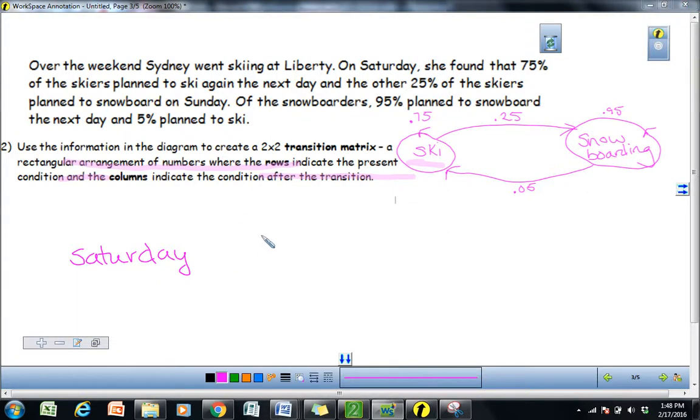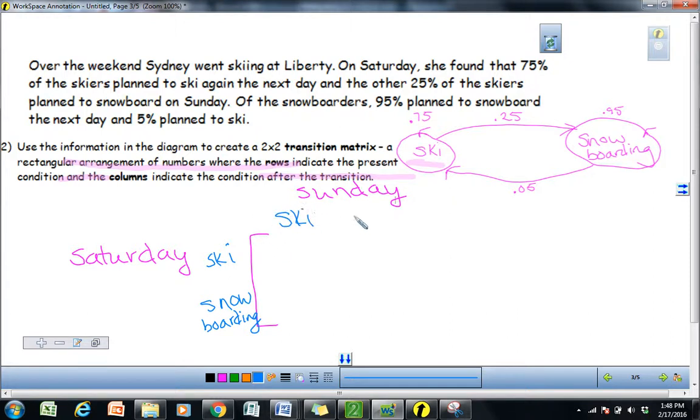So let me do Saturday there, and Sunday is up here. We are specifically looking at skiers and snowboarders. And again, we're looking at skiers on Sunday and snowboarding on Sunday. Alright, go back to my pink and close off my matrix.